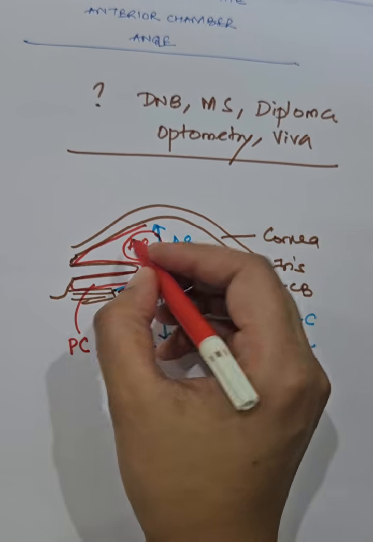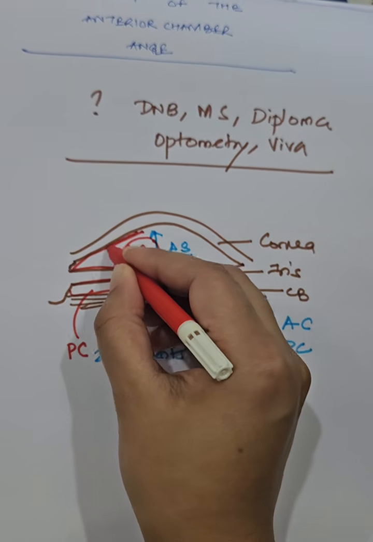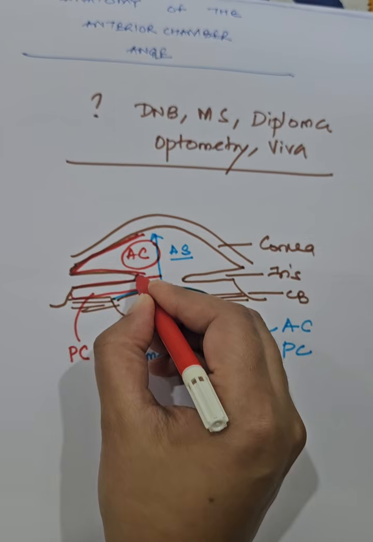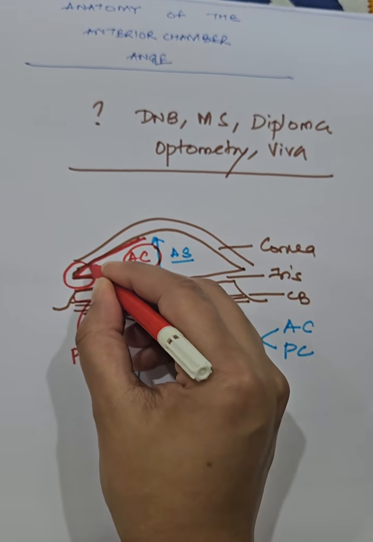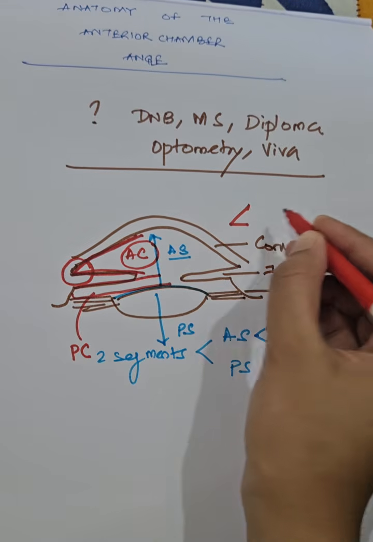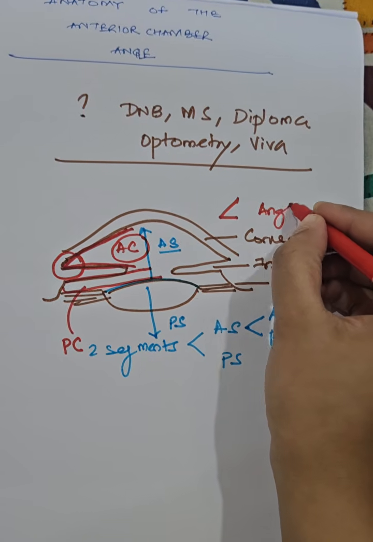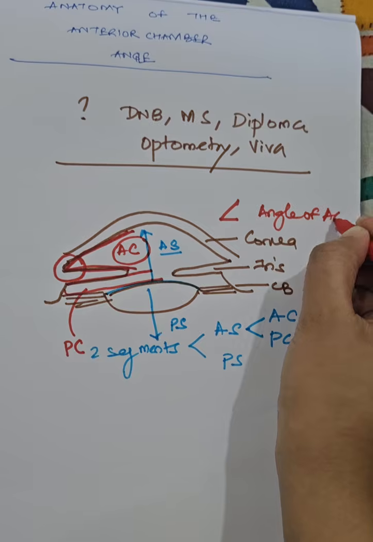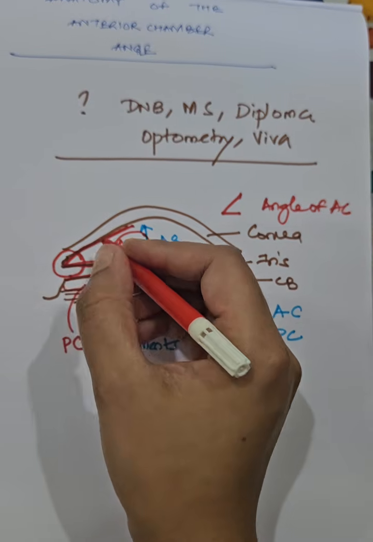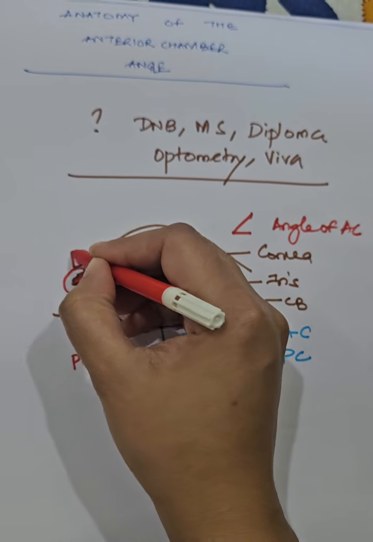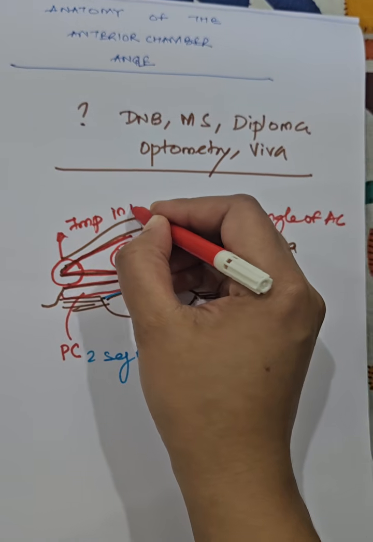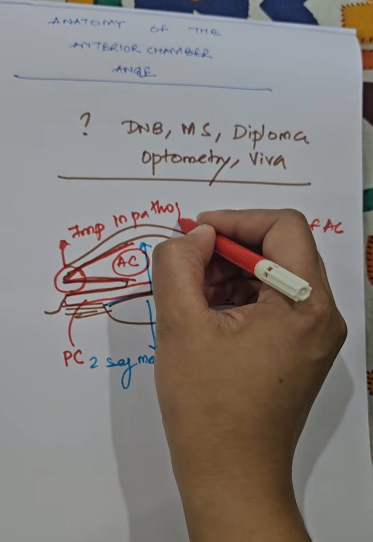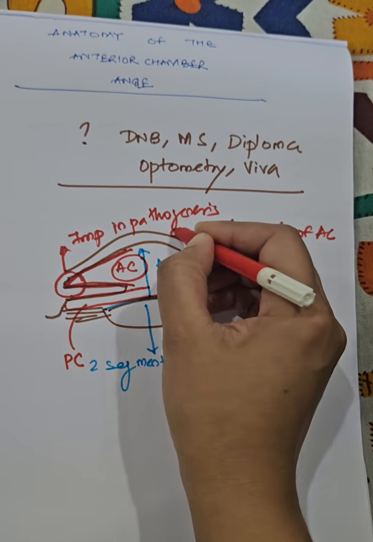Why, we will see. Now see that the cornea, the posterior surface of cornea and anterior surface of the iris, they are meeting at a point, and this is like an angle. So this is the angle of the anterior chamber, and this small structure is very important in the pathogenesis or in the causation of glaucoma.